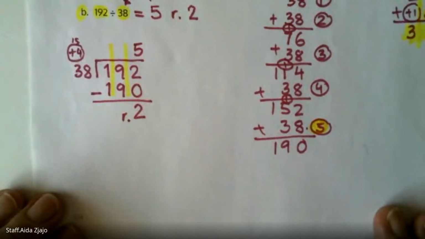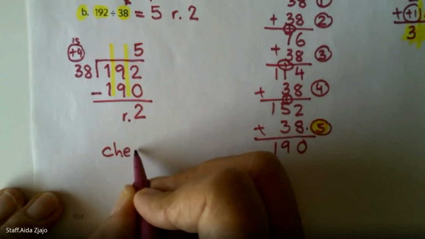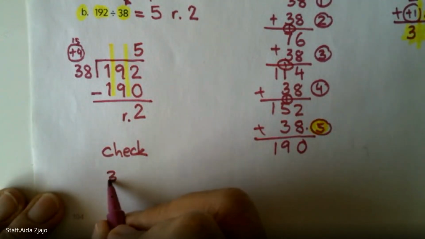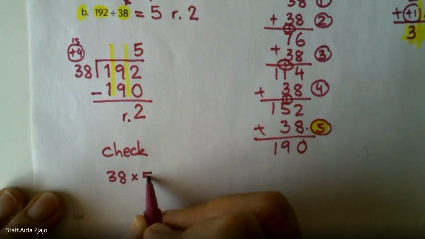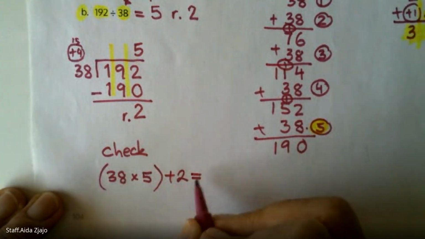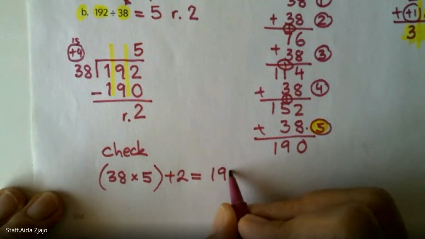So let's see how that will be. Check. Okay, so 38 times 5 plus 2 must equal 192.